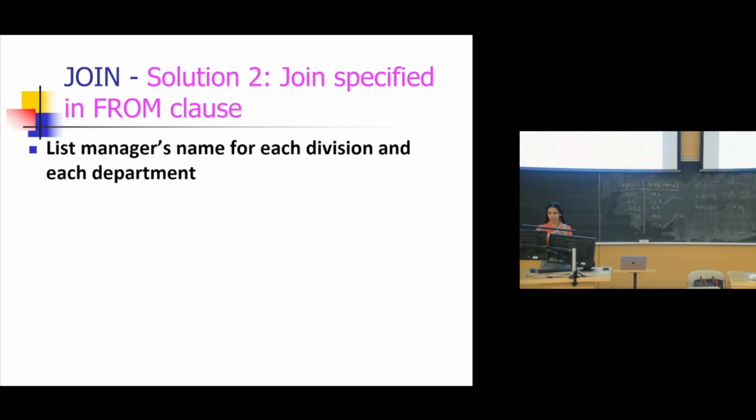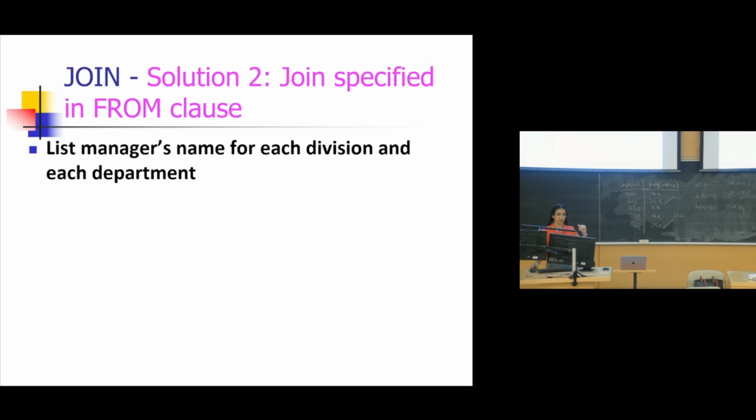You want manager name, right? Which is in the staff table. You want division, which is in the organization table, and you want department, which is in both tables, right? So we need to join 2 tables. So you need to select the staff name, division, department name, right? From staff, organization, both tables, where then join them.